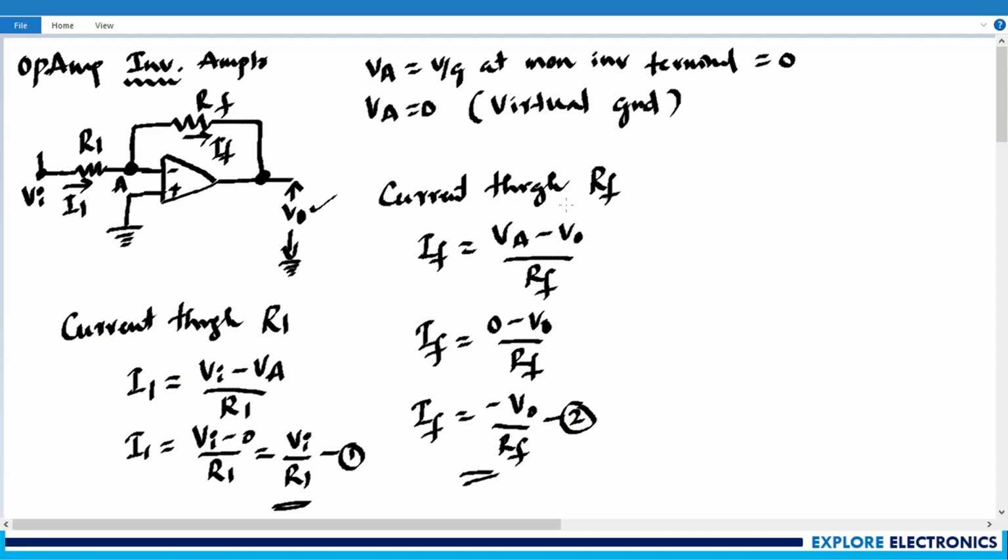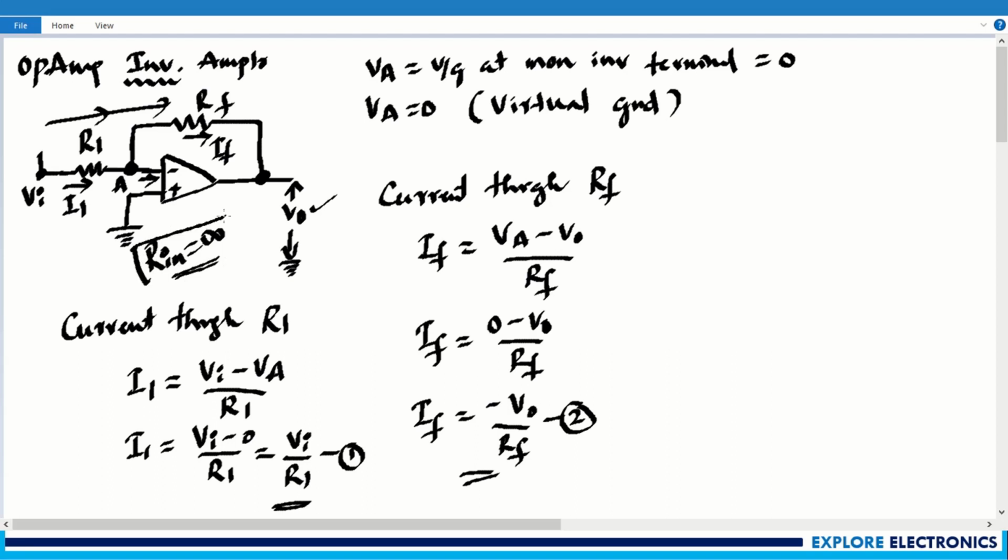And one more thing is that the current going into the Opamp will be 0. Means whatever the current flow through this resistor will flow through RF. There is no current flow into the Opamp. Why? Because input impedance of this Opamp is very high. Means the resistance at the input side, if you take, that will be infinite for an ideal case.